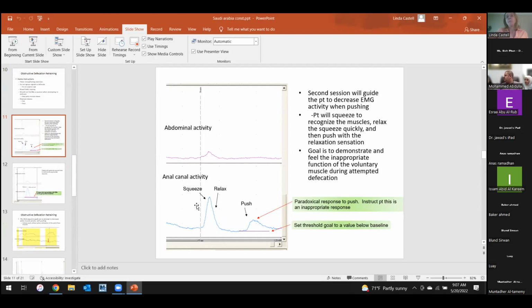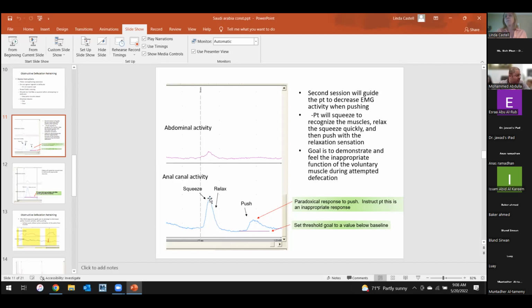If you had your sensor in the anal canal and you asked your patients to bear down, to push, they're going to have a hard time figuring out which muscle they need to relax. So initially we just tell them, okay, squeeze around your anal canal, like you were doing your exercises at home. So your external anal sphincter. So now they know which muscle they need to relax.